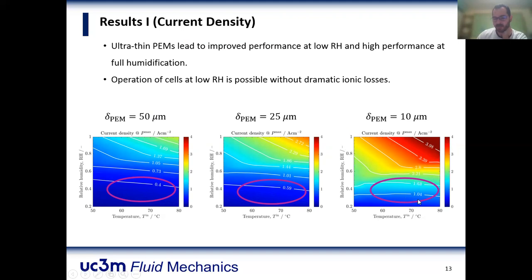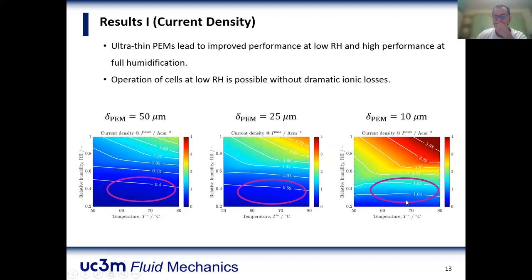But also we reach a better performance at low relative humidities. It is much higher compared to this thickness of the membrane. Here we have only 0.4, and here we are reaching around 1 ampere per square centimeter. So the first thing we can see is that ultra thin membranes can improve the performance at low relative humidity, and we reach very high performance at high relative humidities.